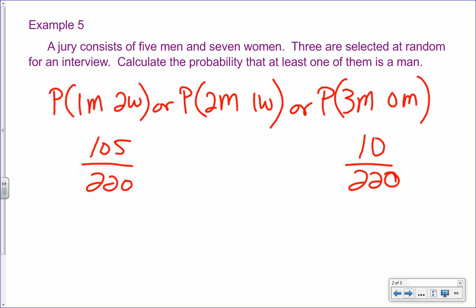So we need 2 men and 1 woman. So that would be, if we did the math, 5 choose 2 times 7 choose 1, right? Because there's 5 men in there to begin with. All over 12 choose 3. Well, 7 choose 1, you should know that one.